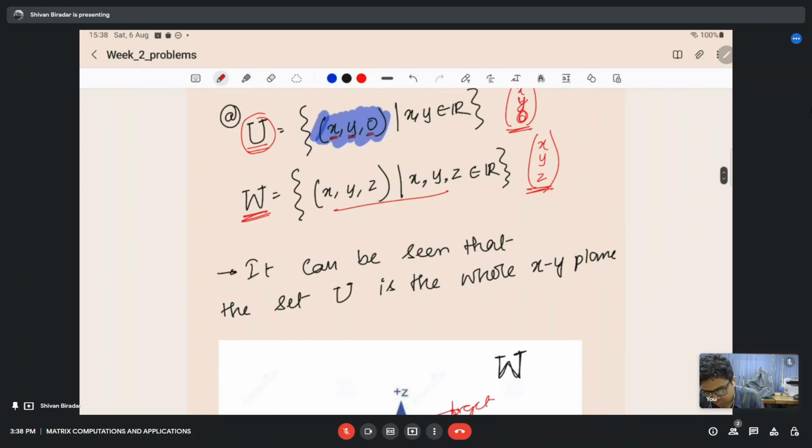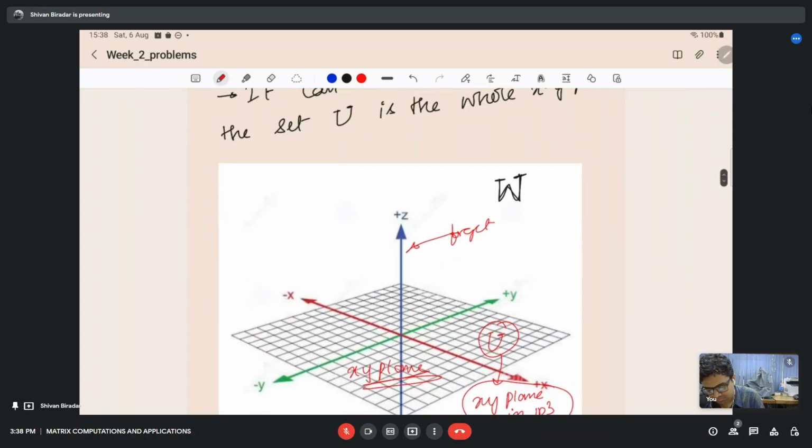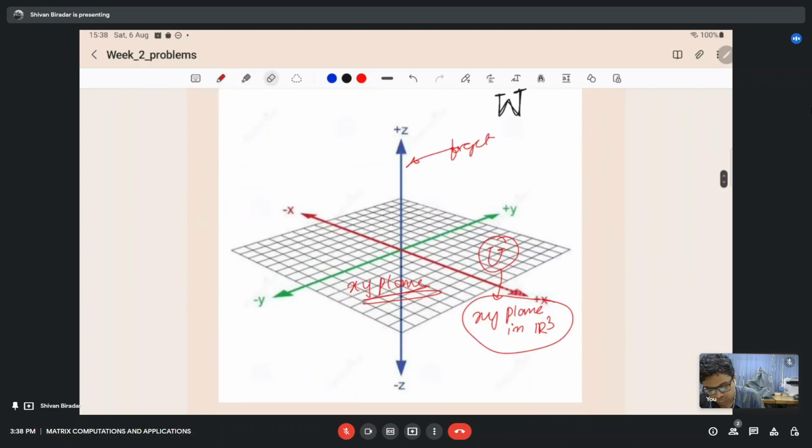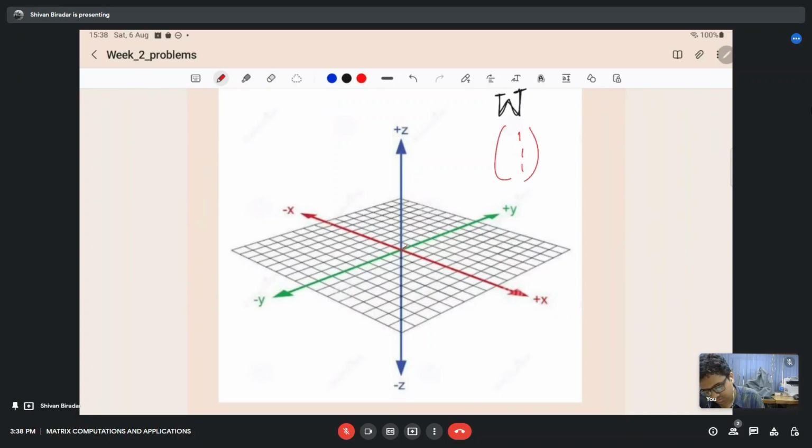And what is W? Remember that W is a subspace here. W is (x, y, z), which means, let us say, x is 1, y is 1, and z is 1, so (1, 1, 1). This vector comes out to be something like this. So we have (x, y, z) which belongs to W, and x, y, z can take any real number.